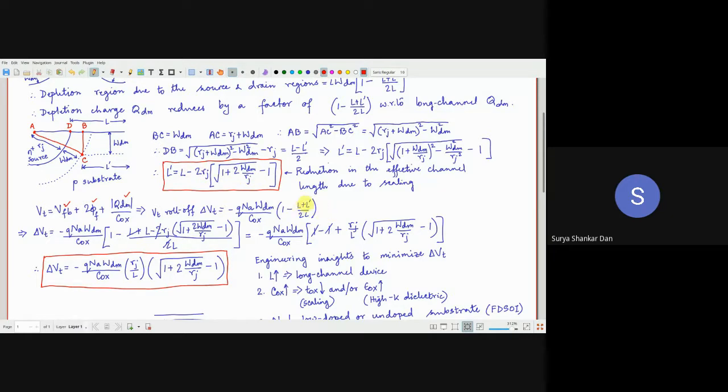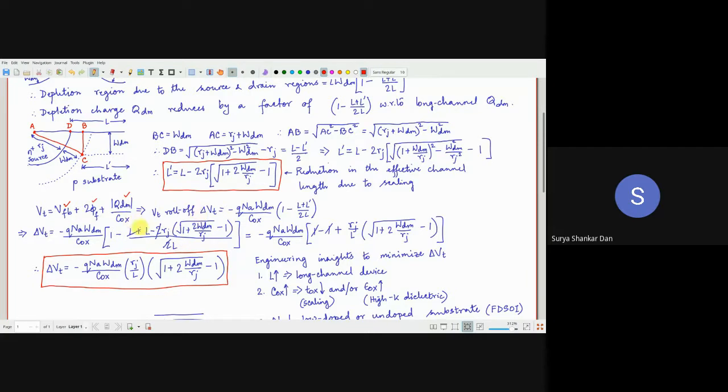So I'll just replace this L dash with this big expression, L minus twice RJ into root over 1 plus 2. Now, since it is L plus, this L and this L will be twice L. This twice L and this 2 will cancel, and here the 1 by 2 will also cancel. So you are left with L minus RJ into this.